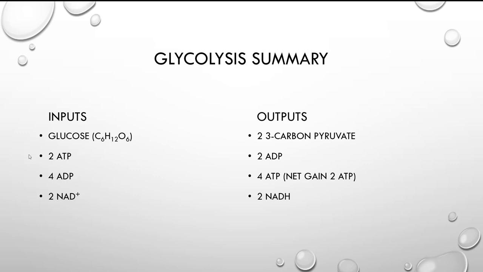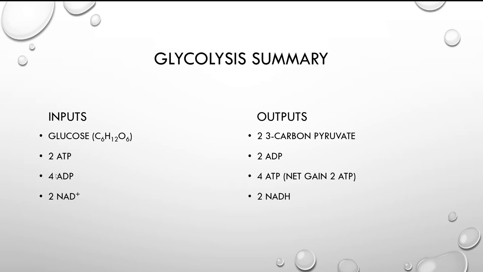We used 2 ATP to get this to break apart, and so we ended up with 2 ADP in the process, plus 2 phosphate groups. We needed 4 ADP plus 4 phosphate groups to form 4 ATP.